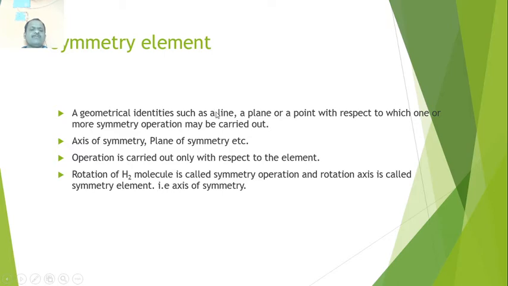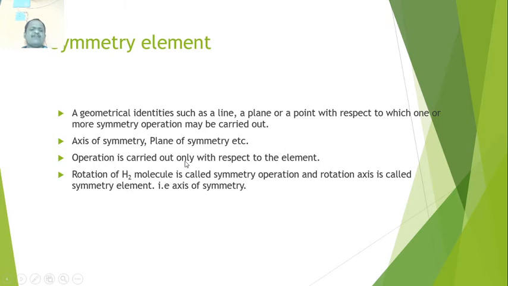If you perform an operation with the help of a line, then that is called an axis of symmetry. If you perform an operation with the help of, let's say, a plane, then that is called a plane of symmetry. If you perform an operation with the help of a point, then it is called an inversion center. So we have basically 5 different types of symmetry elements.